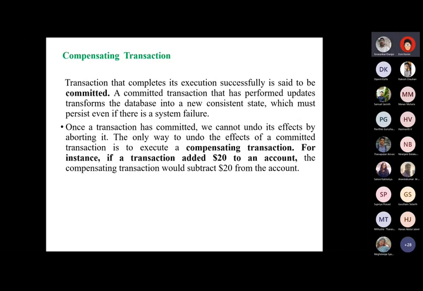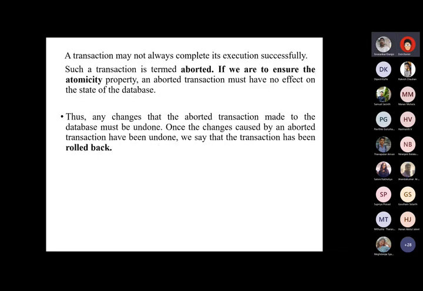We also have something more about the states of a transaction. A transaction may not always complete its execution successfully. If a transaction does not complete its execution successfully due to some failure, it has to be aborted. To ensure the atomicity property, an aborted transaction must have no effect on the state of the database.